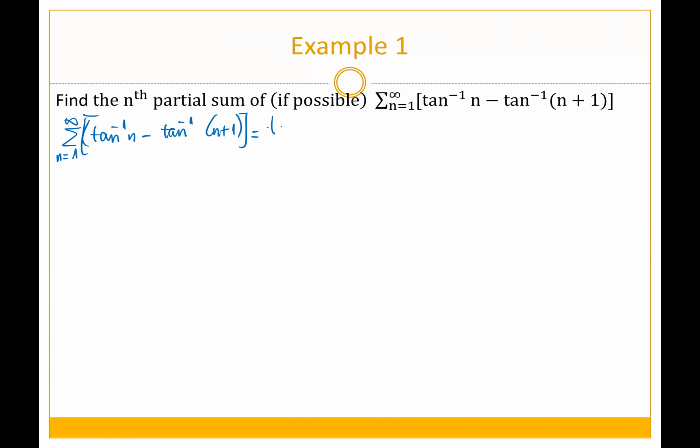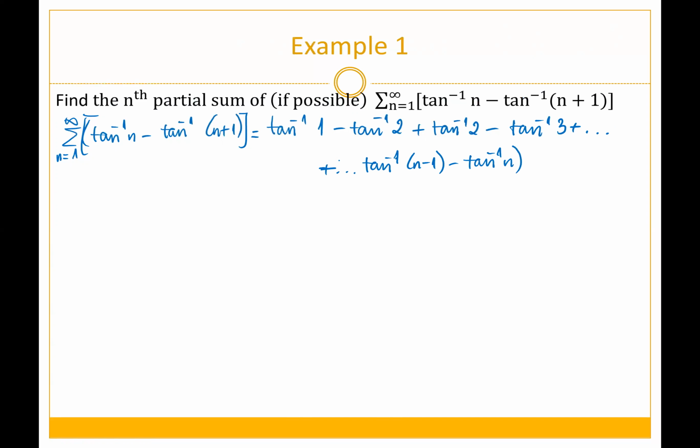If we expand all of the terms out, you have inverse tangent of 1 minus inverse tangent of 2, plus inverse tangent of 2 minus inverse tangent of 3, plus and so on until you have inverse tangent of n minus 1 minus inverse tangent of n, plus inverse tangent of n minus inverse tangent of n plus 1.